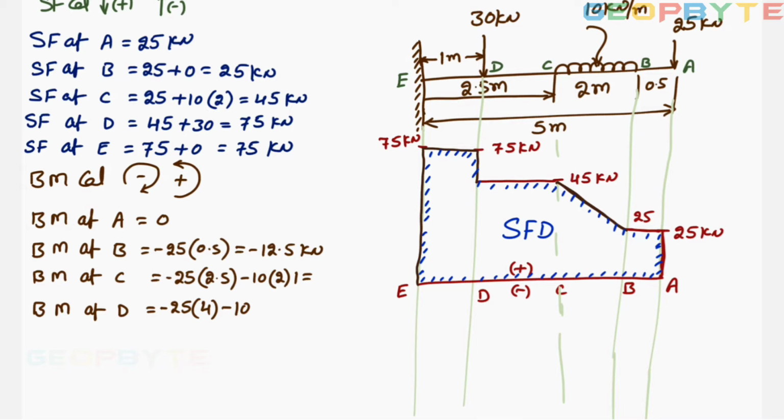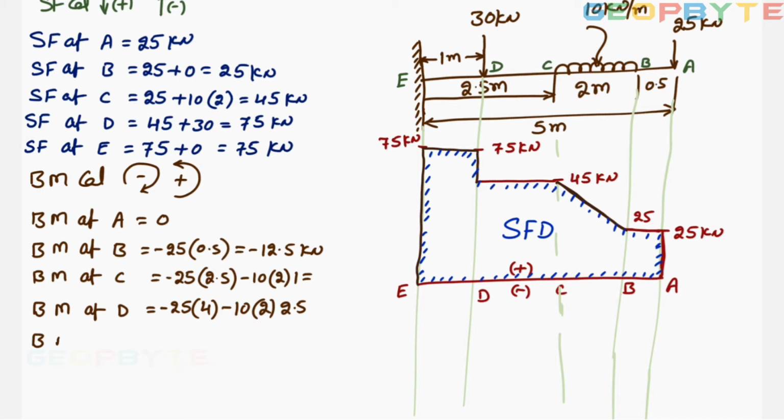UDL into UDL distance gives the point load. Assume that point load is acting at the middle of BC. From that middle point up to the distance D, the middle distance is 1 meter, the remaining is 1.5, so 2.5.